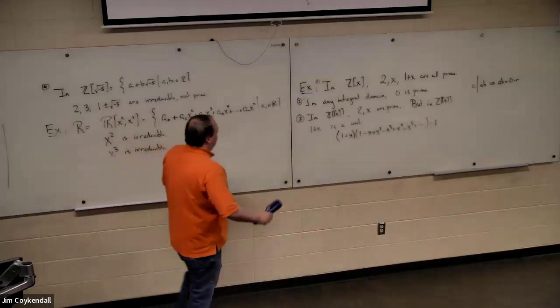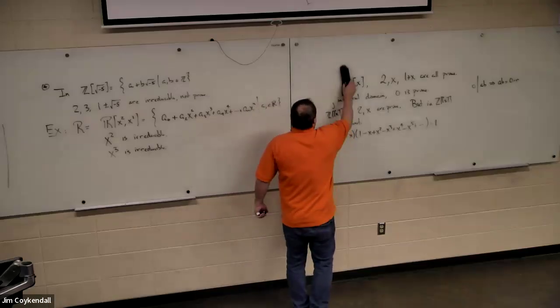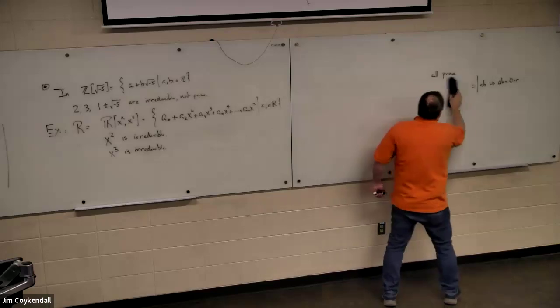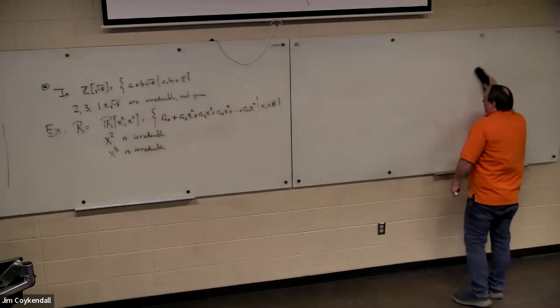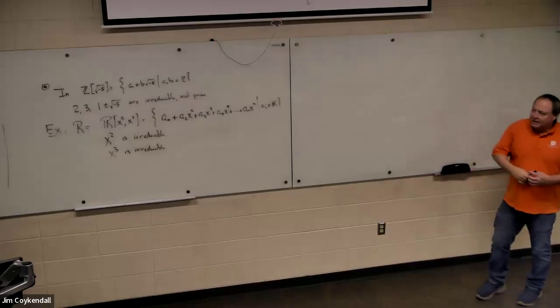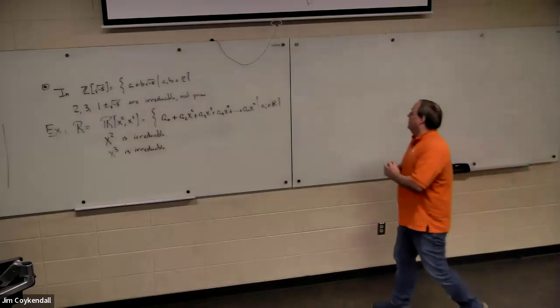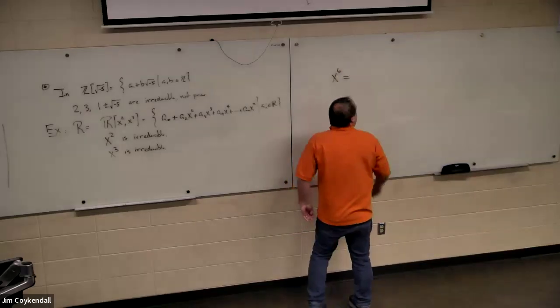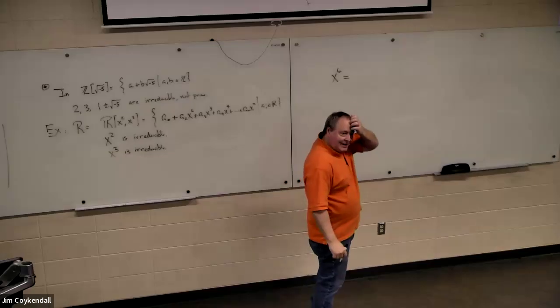Now, I am going to use this to do a double example to show you're used to things like in the integers, everything factors uniquely into irreducibles. This does not happen in this particular integral domain. Look at the element x to the 6th.